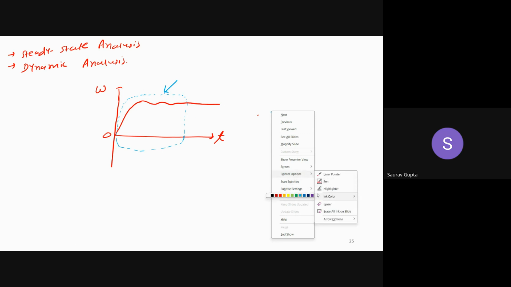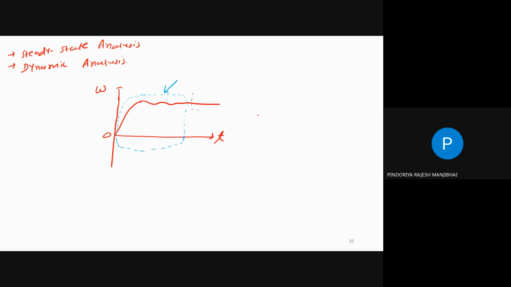Transient and dynamics, sir. Very good. So this one is transient plus dynamic. So we can say this region is transient plus dynamic and this one is the steady state, correct? In simple language, transient means the response changes with respect to time, but in the case of the steady state, your response is not changing with respect to time, it is constant.